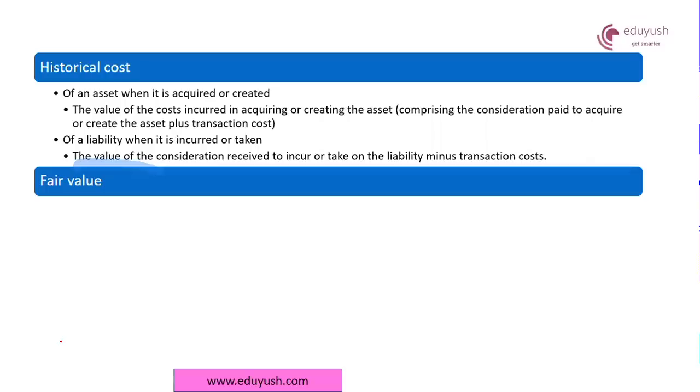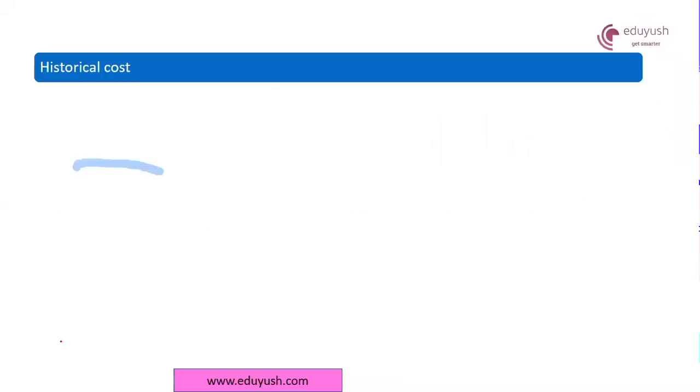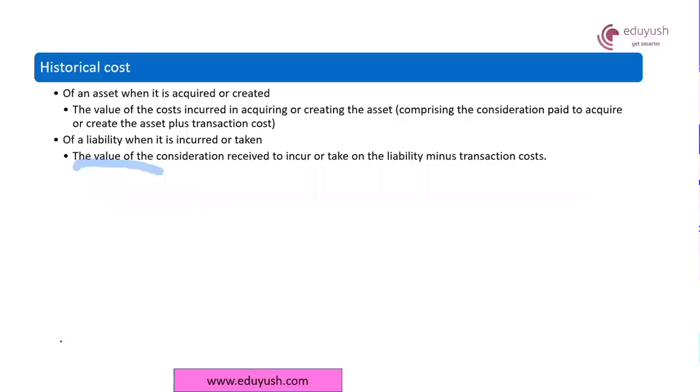Next is fair value. What is fair value? Now again, historical cost, it is not in your book, but if you go to the conceptual framework, it talks of historical cost over time also. That means it is updated over time. After 1 year, if you depreciate an asset, historical cost will be the original cost minus accumulated depreciation.